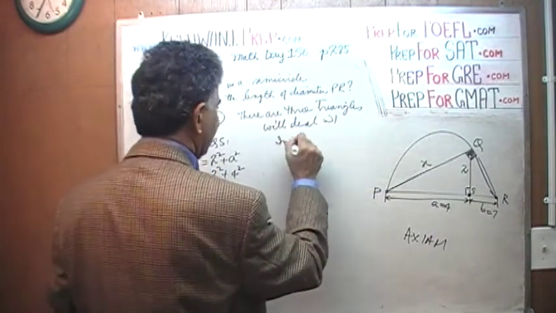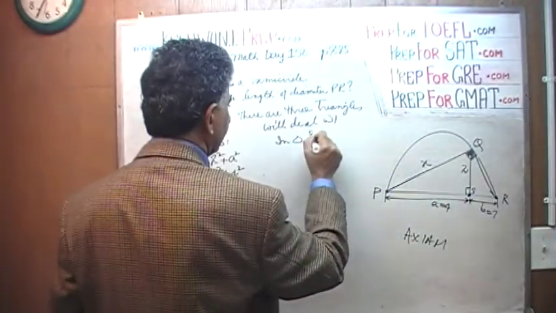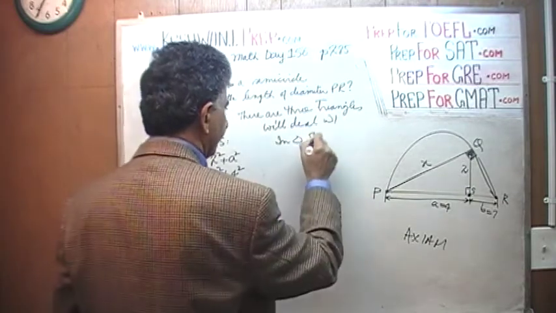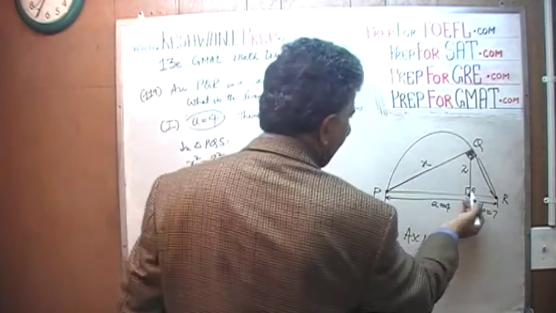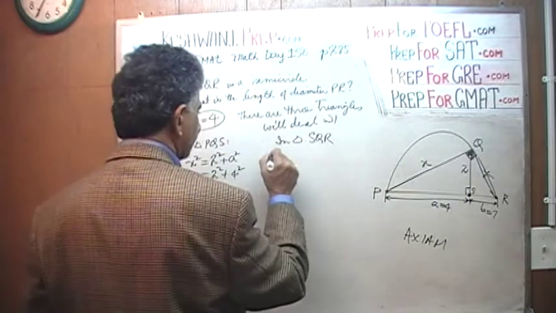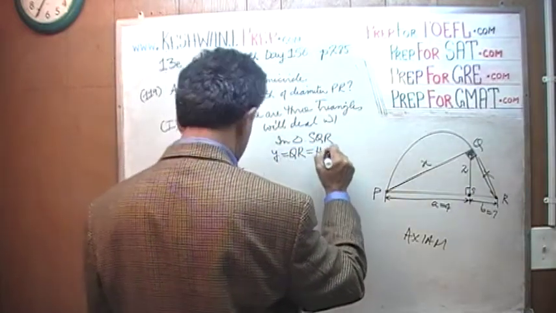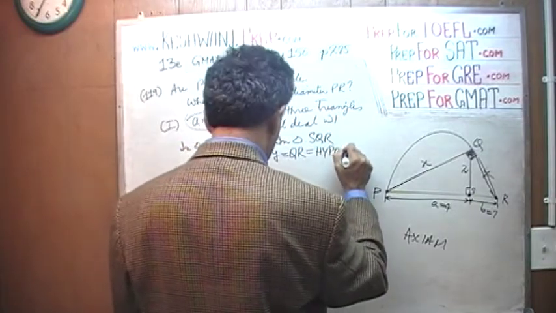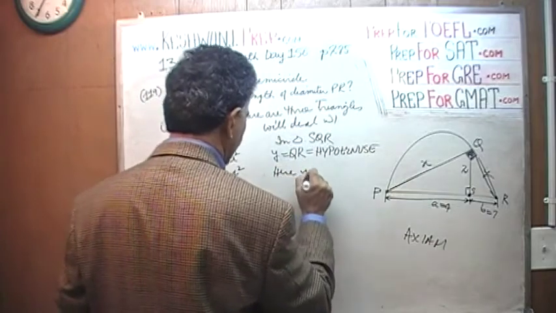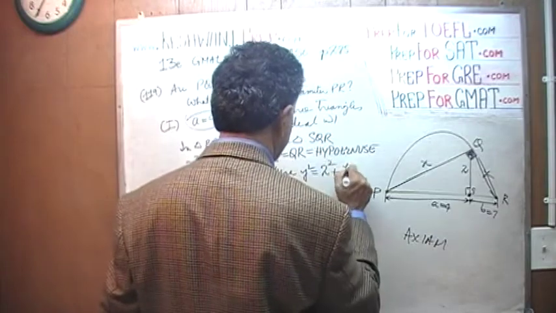Similarly, in triangle SQR, our hypotenuse will be Q to R. Let's call it Y. Y is our Q to R, which is the hypotenuse. And here, Y squared would equal 2 squared plus B squared.